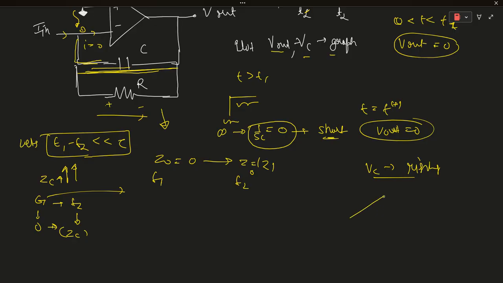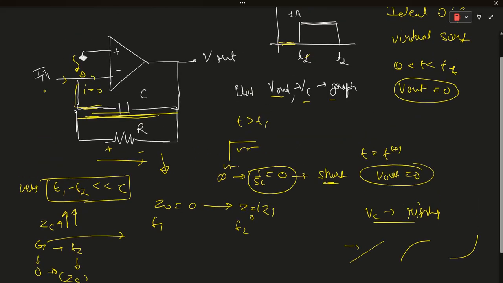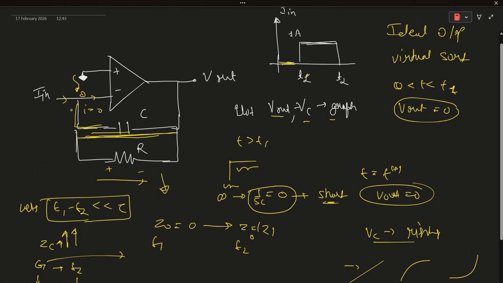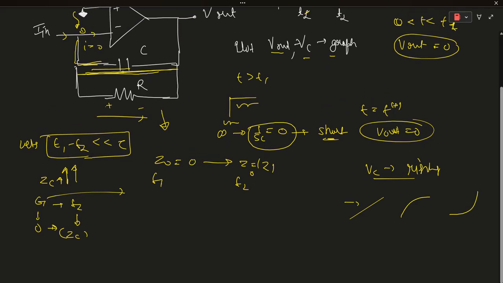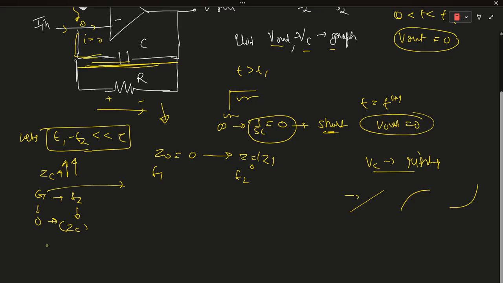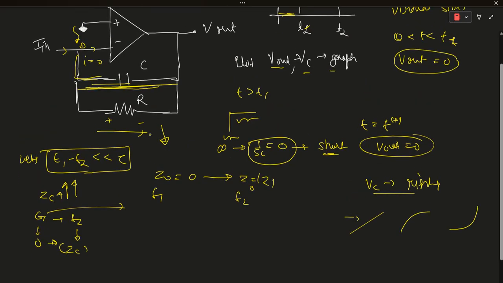Is it increasing linearly like a ramp, exponentially, or quadratically? The given current is like a step current from t1 to t2, but the impedance ZC is continuously increasing from t1 to t2.